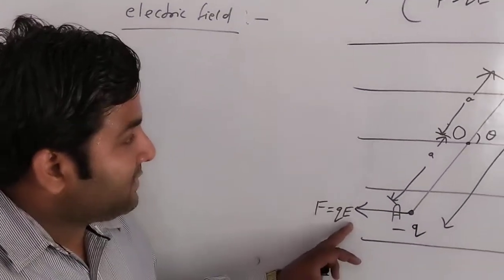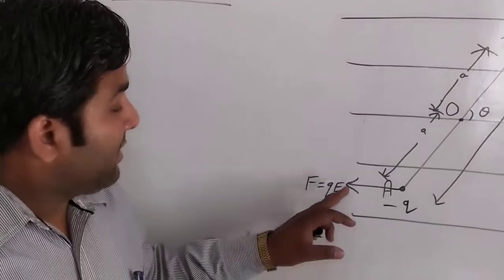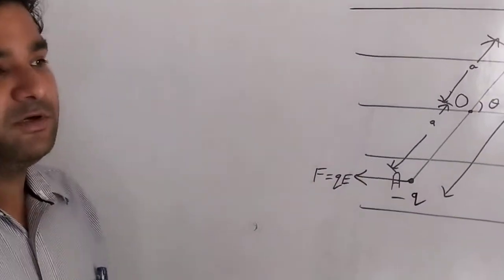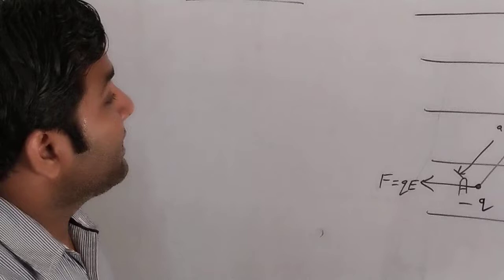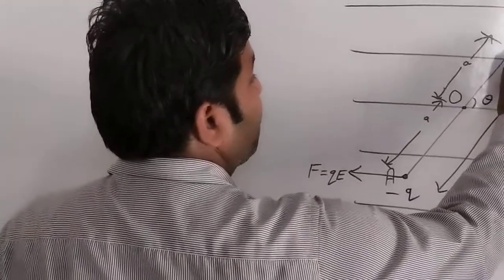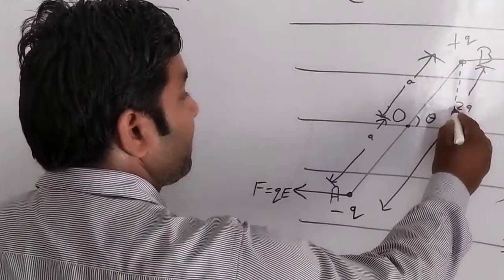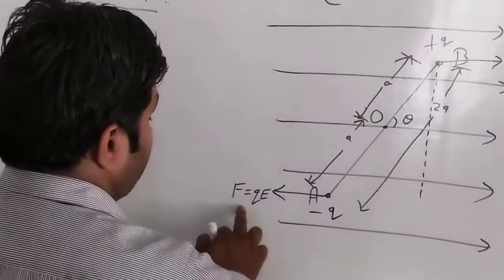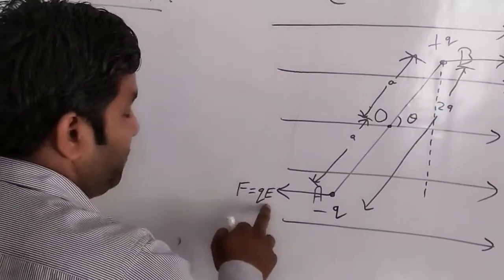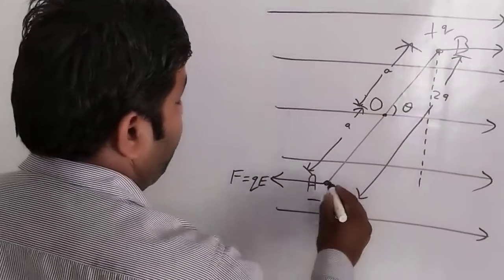We have to calculate only using the force and the perpendicular distance, because in deriving the formula the main concept is force. The force is F is equal to QE, acting at both the points.